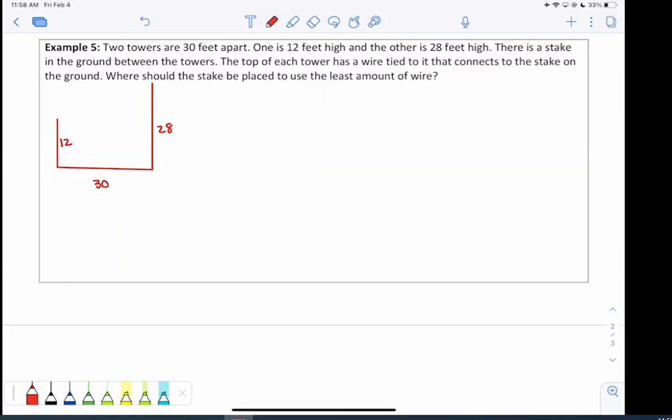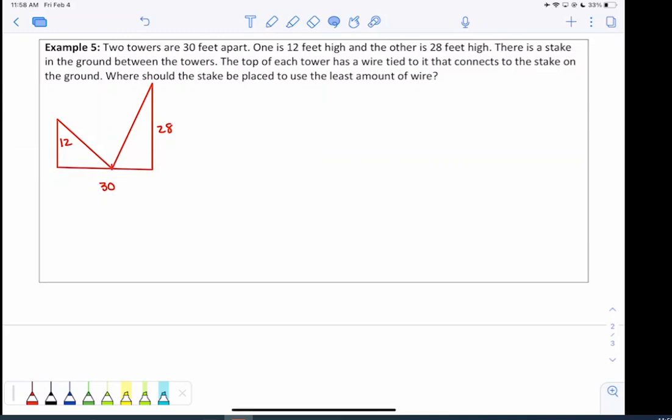And I have a stake in the ground somewhere in between. I don't know where, so let's put it here. Doesn't really matter. And then there's wires going from the top to the bottom. What does it look like I have? Some triangles. Probably gonna use the Pythagorean theorem.